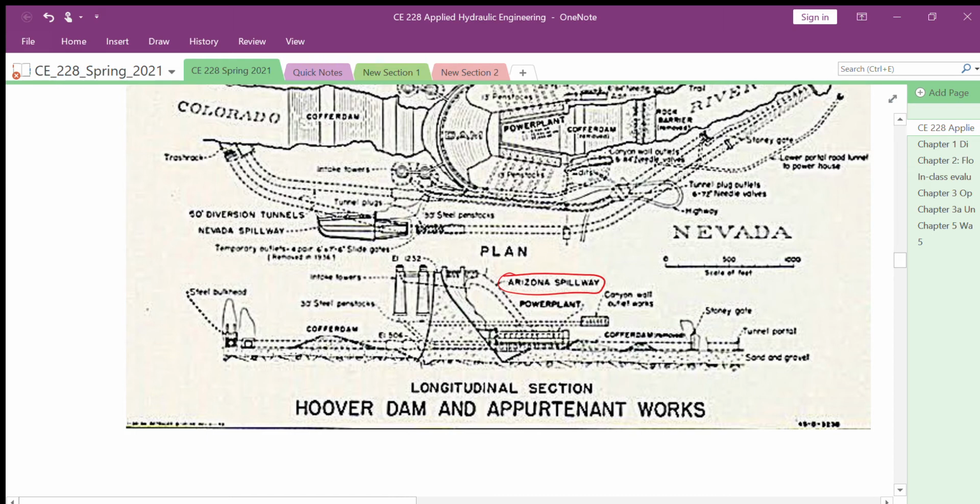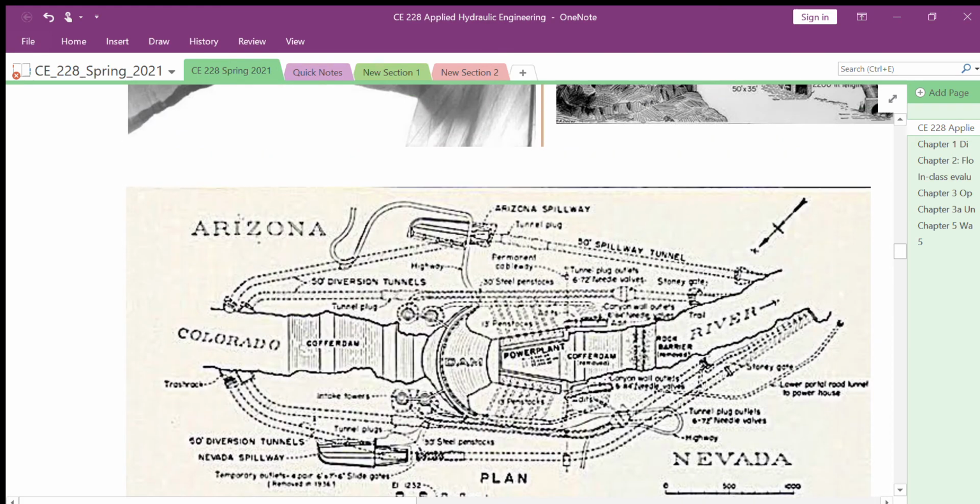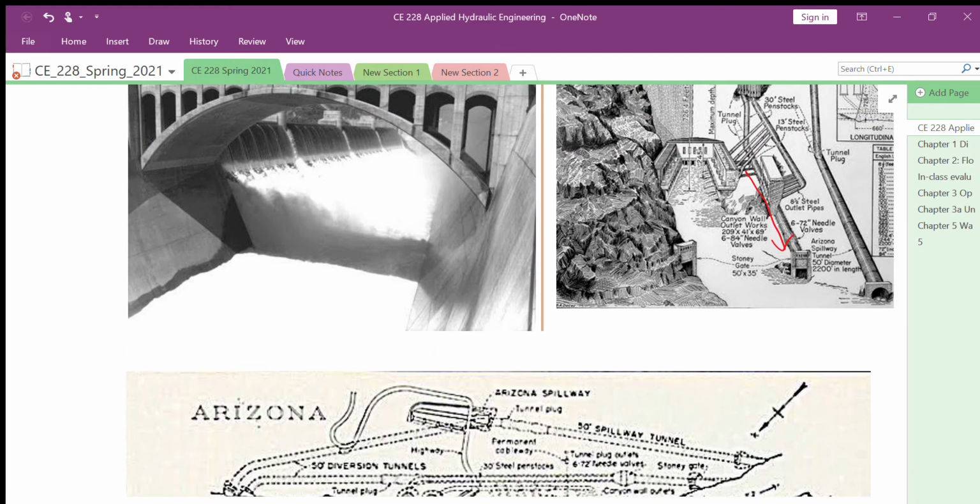Again, a spillway is a structure which is used to release excess water, and excess water comes with a lot of energy. So below the spillway you will have to dissipate the energy of these gushing waters. This part that you see here is called the stilling basin. This is where the hydraulic jump forms.